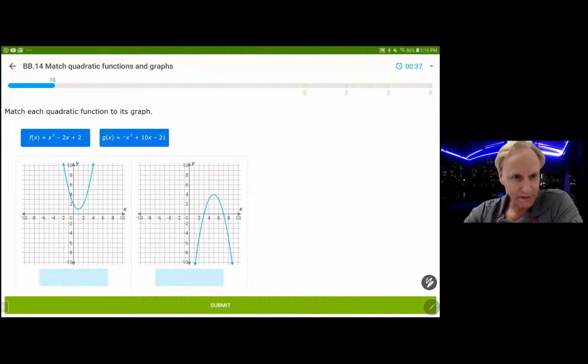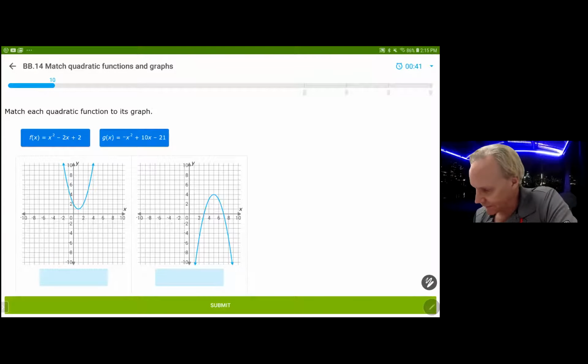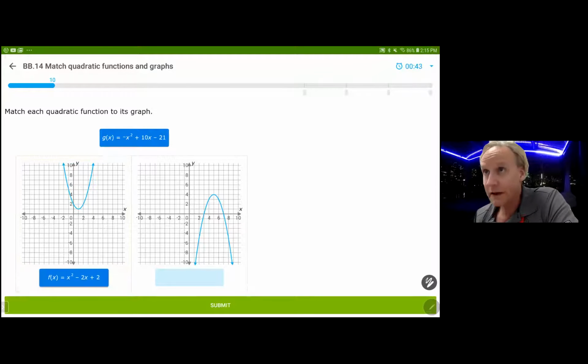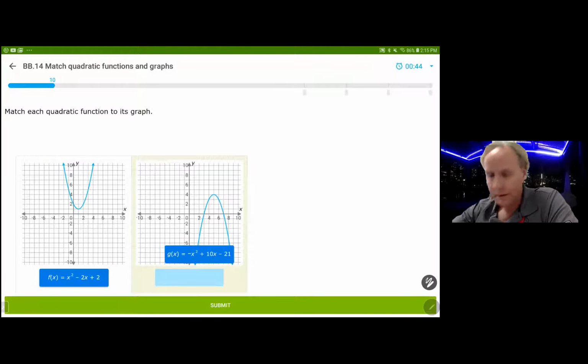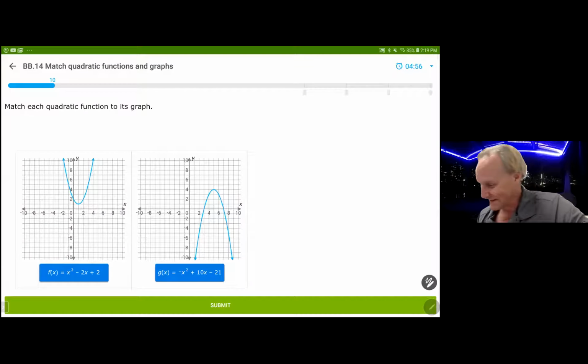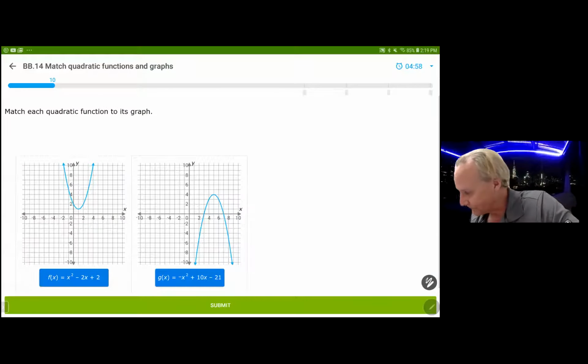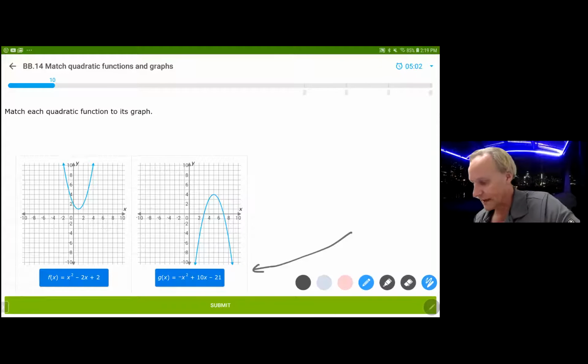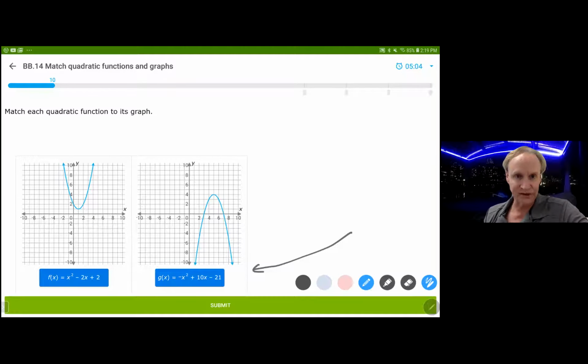So let's see about this one. Now this one, we have a positive graph and a negative graph. Okay, guys, as you can see, I can maybe draw a little. This one over here on the right has a negative as its leading coefficient. So that means that it's going to go down.